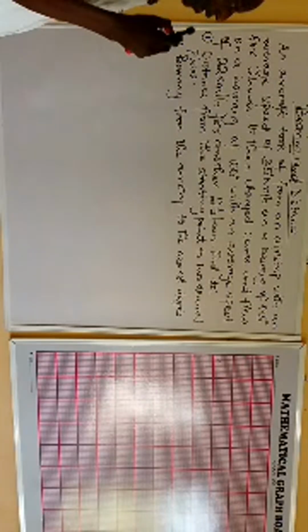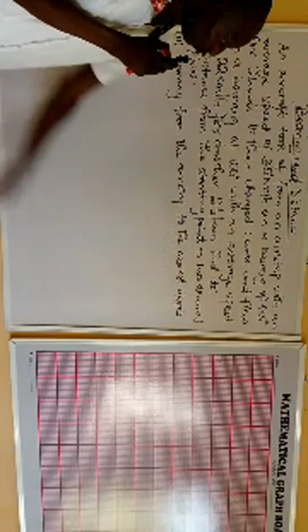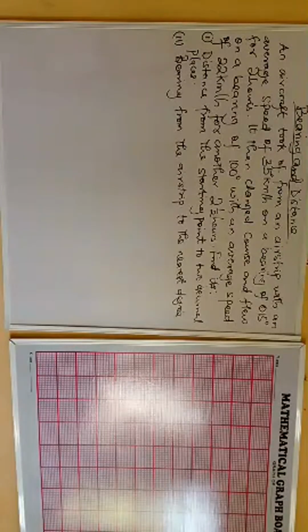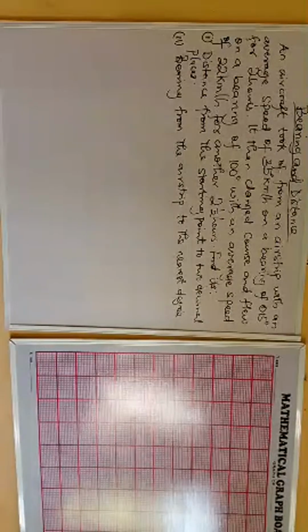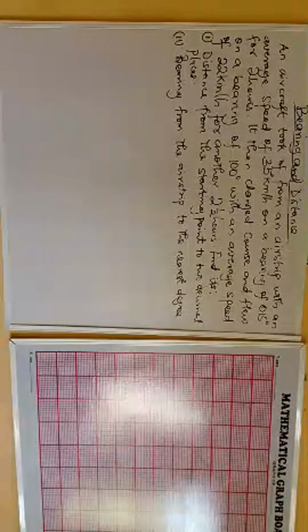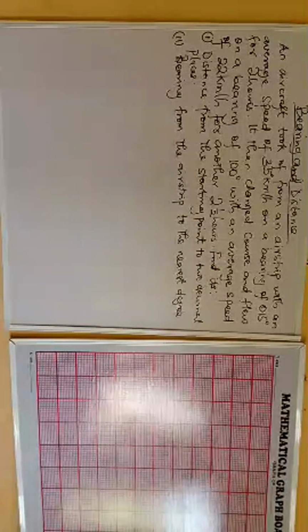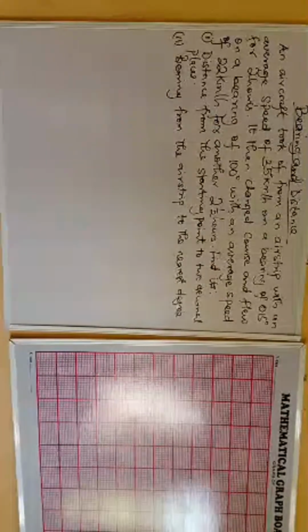Find, number one, the distance from the starting point to 2 decimal places, and the bearing of the airstrip from the aircraft to the nearest degree.